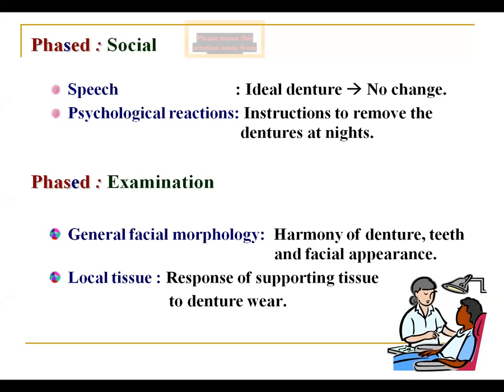We are replacing teeth here. One factor we are replacing in the form of your prosthesis. So your teeth should be in harmony with the other two factors, your muscle and your jaw. So your stomatognathic triad will be complete. And here they have informed us to check facial morphology.